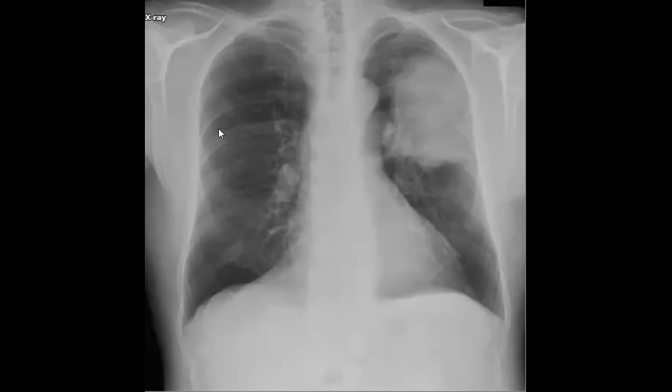I will wait for your answer. The first differential diagnosis you should put, yeah, I know that's easy. Yeah, it is a left upper lobe mass. So the best differential diagnosis you will put is lung cancer.